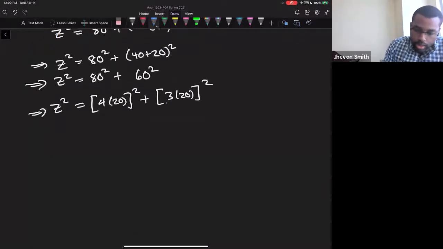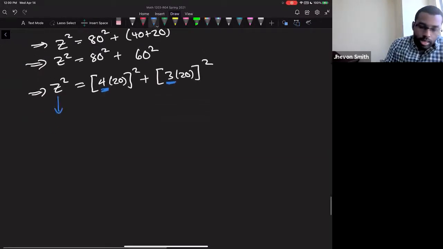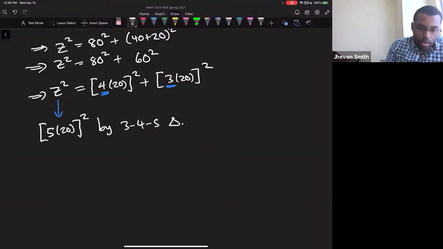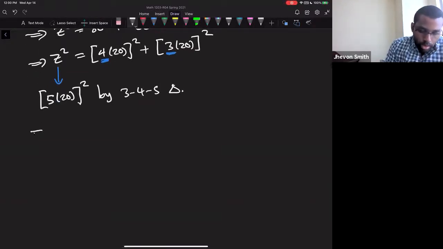Okay, so that's a right triangle where the legs are multiples of 4 and 3. It means that z must be the same multiple of 5. By the 3, 4, 5 triangle, this means that your z is 100.